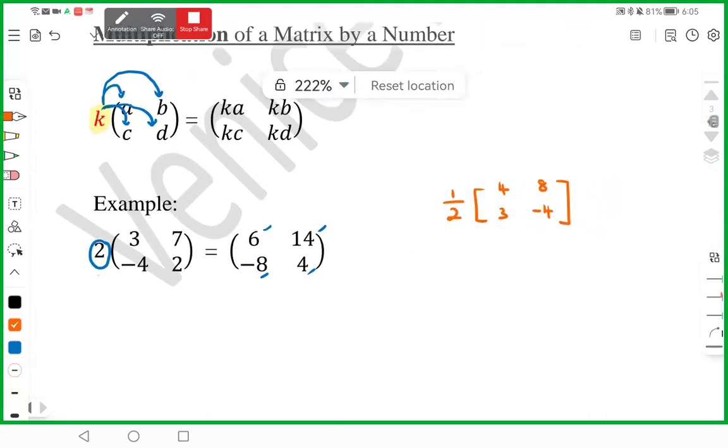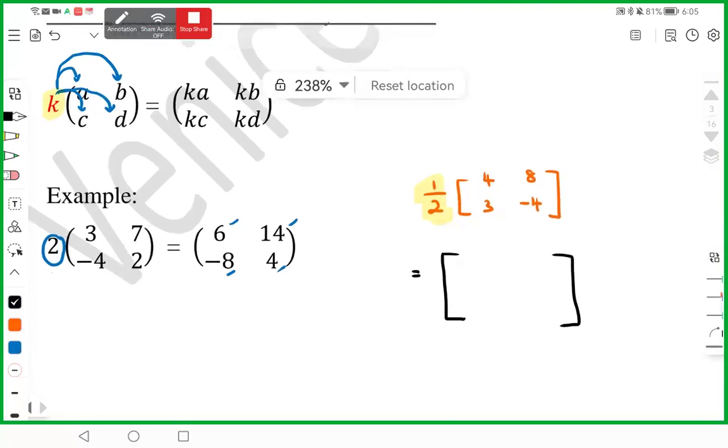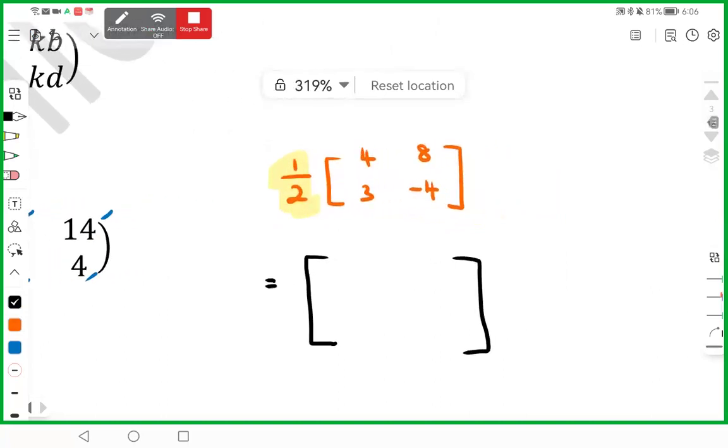I realized that a lot of students are not really sure what is 1 over 2. Actually, 1 over 2 means divided by 2. So if you want to find the elements inside the matrix, they are divided by 2. So 4 divided by 2, 2. 8 divided by 2, 4.